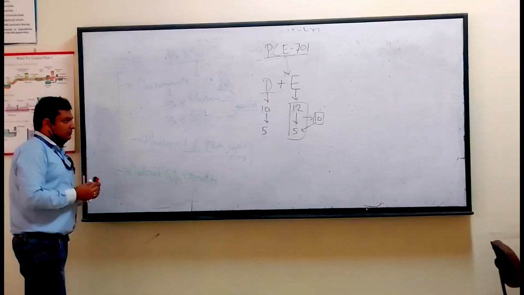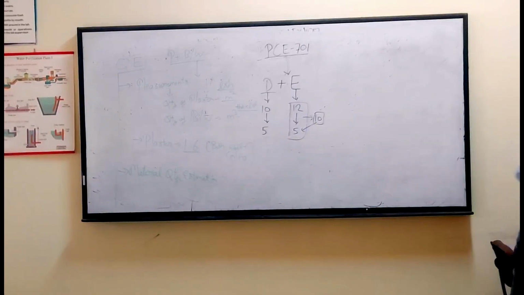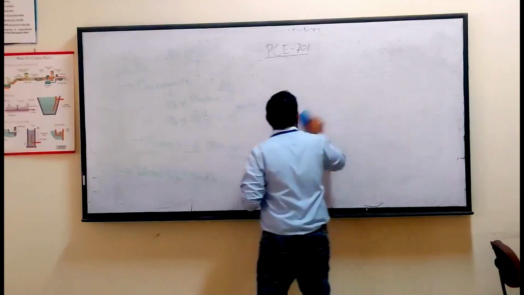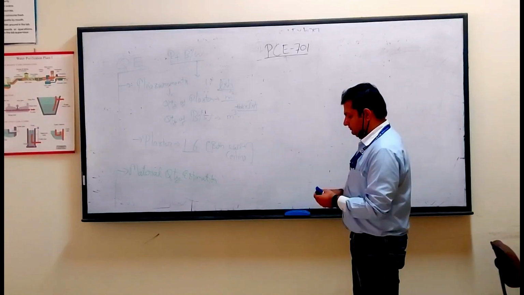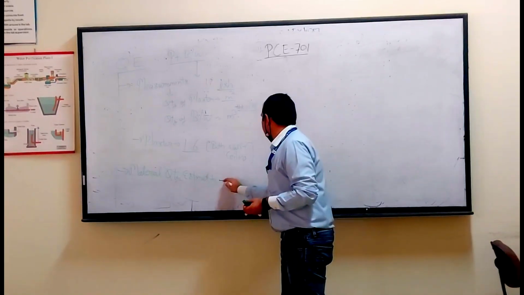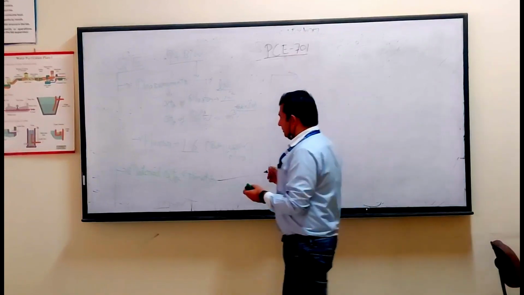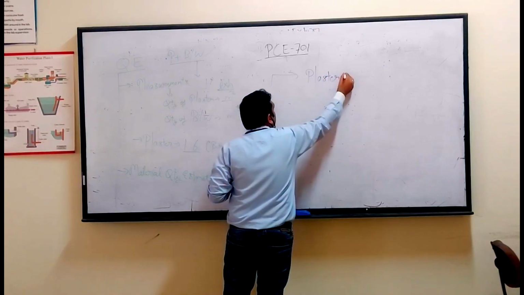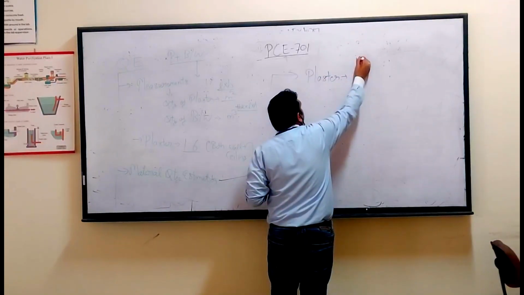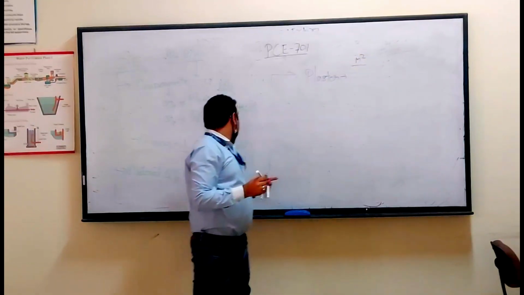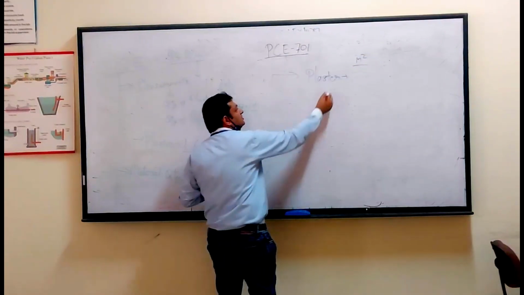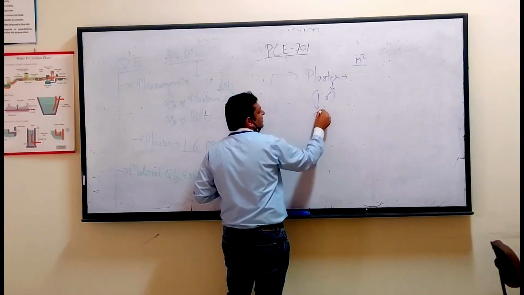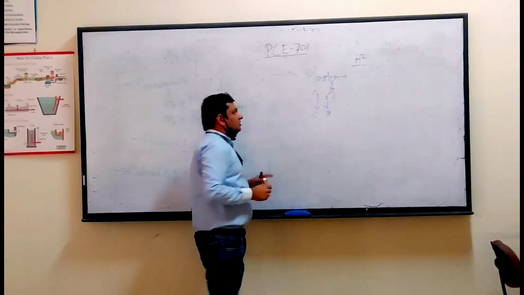To get the material quantity estimation of plaster, we have the plaster quantity in square meters. Since plaster comprises 2 components, we use the 1:6 ratio: one portion is cement and six portions of sand. So the ratio is given to you.